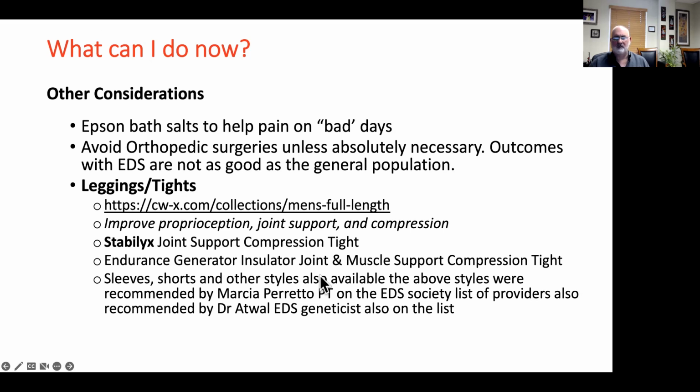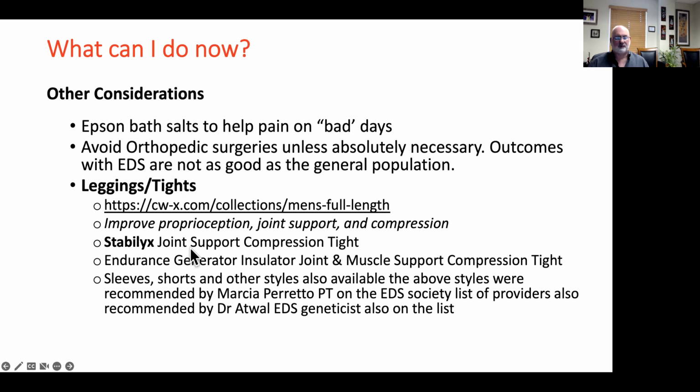Yes, I actually just happened to find these compression garments, and I found them very helpful. Then when I started physical therapy with a physical therapist, her name is Marcia Pareto, who offers telehealth visits, she was recommended by my geneticist, and she is listed as one of the providers on the EDS website. She actually recommended these, and I'm like, great, I'm already wearing them.